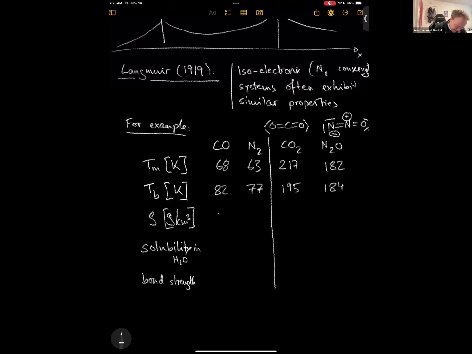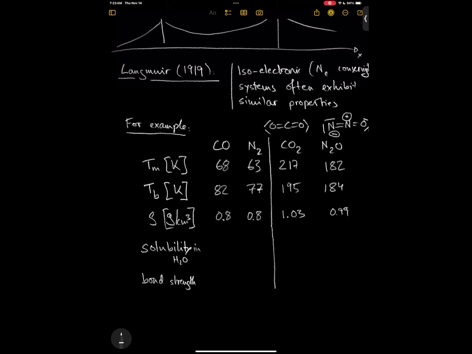The density for CO is 0.8, and for N2 is also 0.8. For CO2 it is 1.03, while for N2O it is 0.99. So very similar numbers. Yes, there's a question, please.